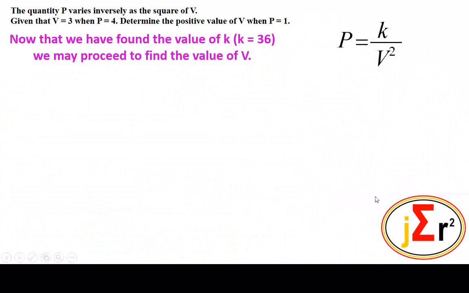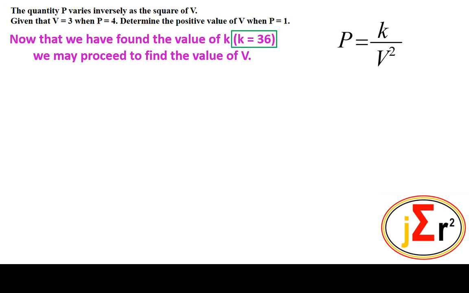Now that we have found the value of k, which we have found to be 36, we may proceed to find the value of v. Let's go straight ahead. K is equal to 36. And we are using the exact same equation, because once we have determined the equation which defines the relationship between P and V, then that equation might be used throughout the entire process of solving the equation.